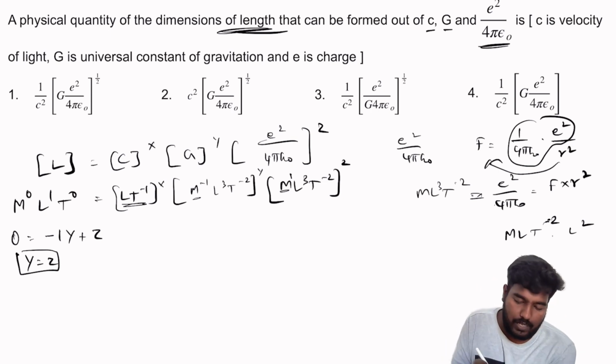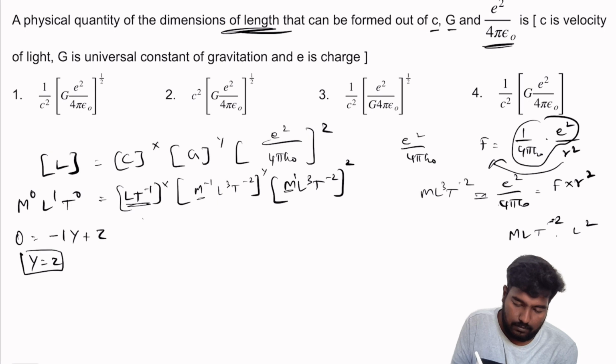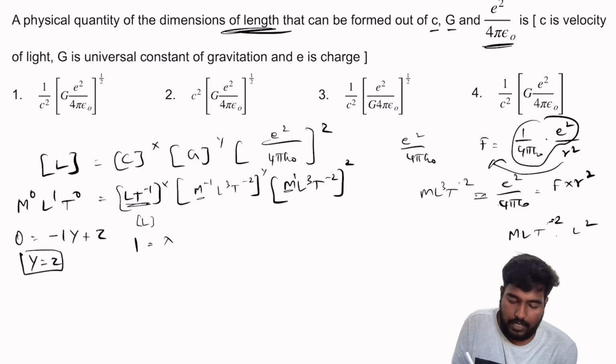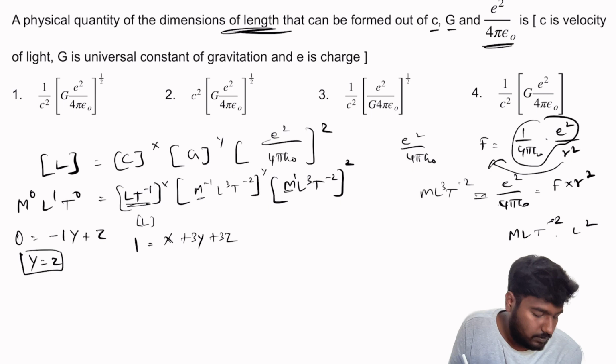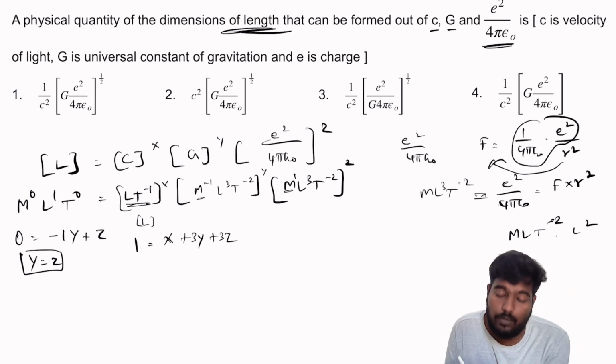Then powers of L. Okay, so we have L power 1 here, L power 1x, L cube, plus 3y plus 3z. So x plus 3y plus 3z is 1.